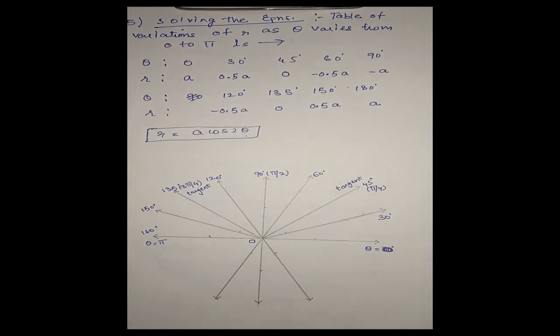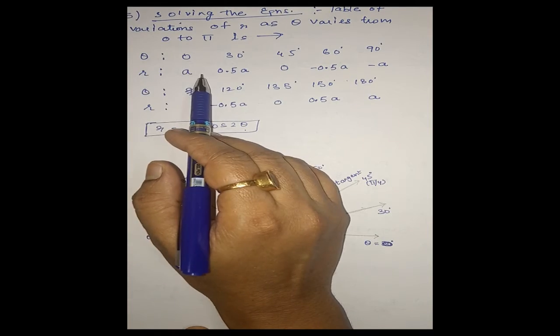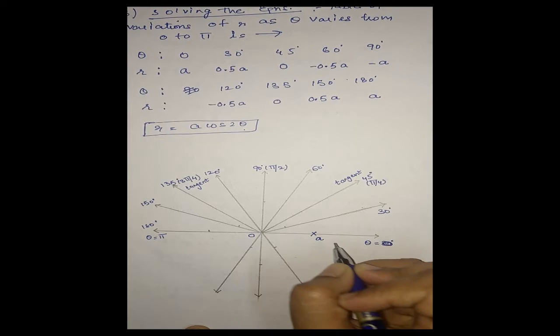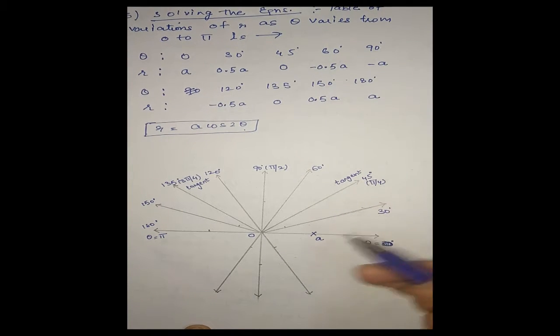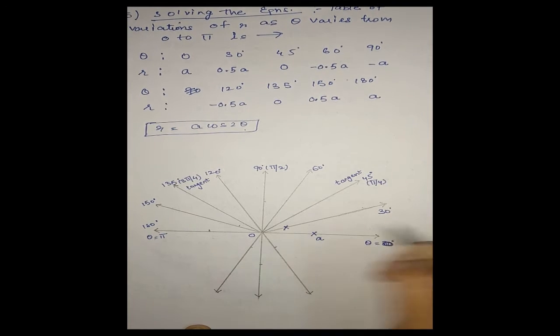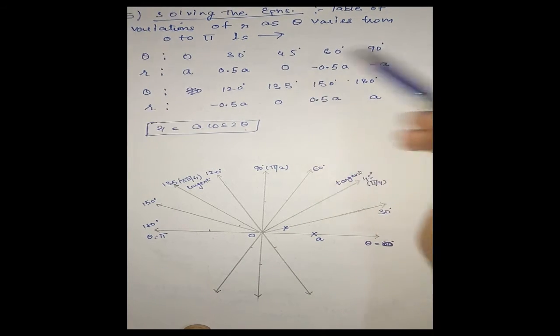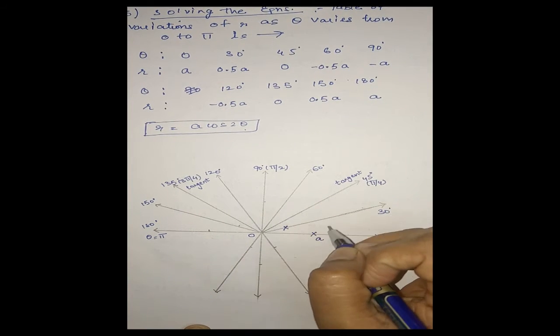Now we will trace these values on the graph. When theta is 0, r is a, so here we mark this a. When theta is 30, r is 0.5 a, somewhere here. When theta is 45, r is 0, and we also know that theta is equal to pi by 4 is the tangent.